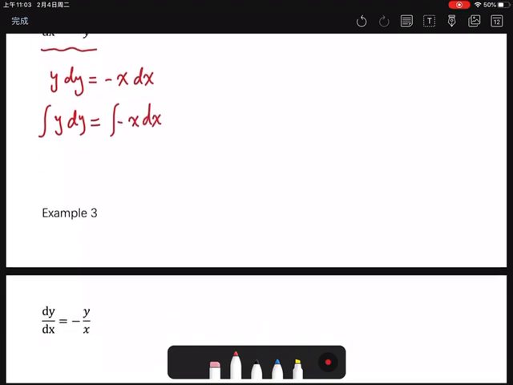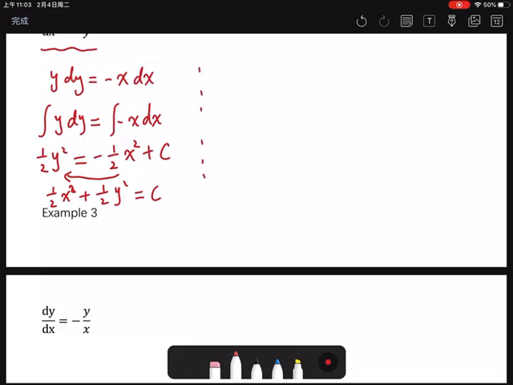Now we find the primitive function respectively. So the left hand side is 1 over 2 y squared, and the right hand side is negative 1 over 2 x squared, and then plus constant c. And we can move negative 1 over 2 x squared to the left hand side. So it will be 1 over 2 x squared, and then plus 1 over 2 y squared equals constant c.